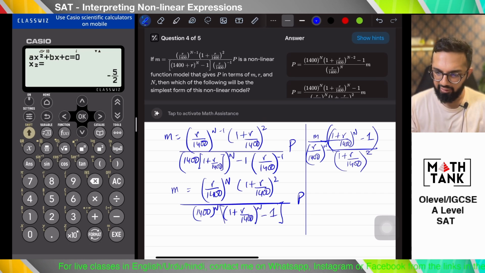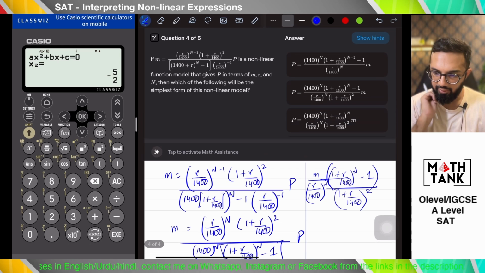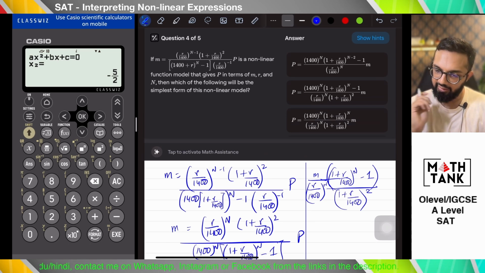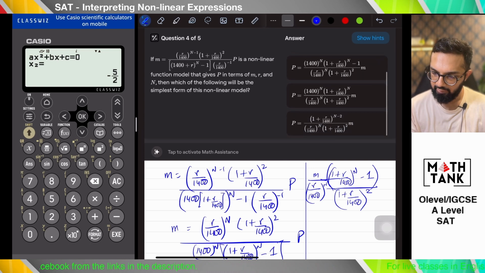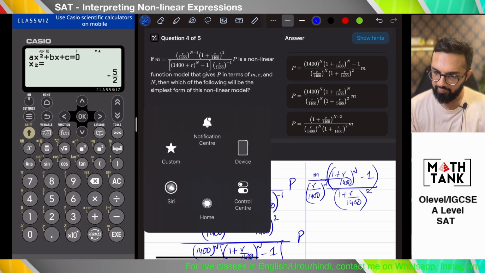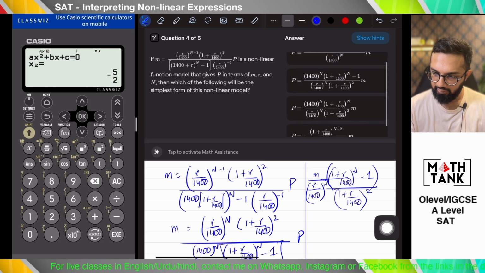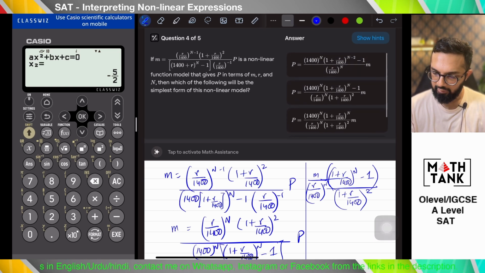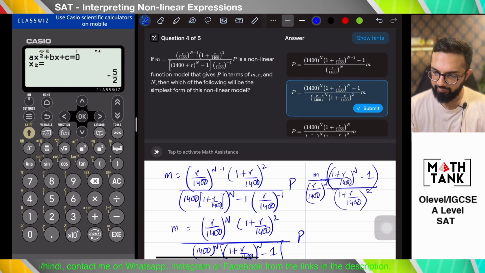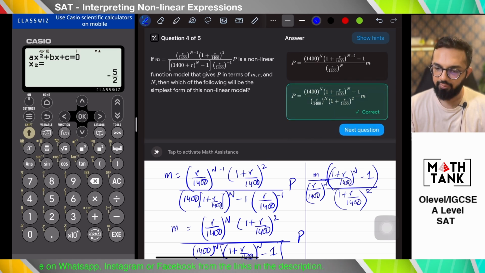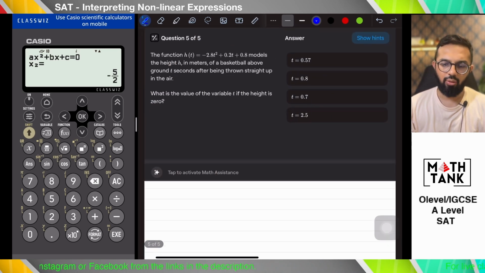It's very complicated though. Let's try to take a guess as accurate as possible. There's 1400 power n here. I think that should work. Yeah, that works. Very complicated expression.